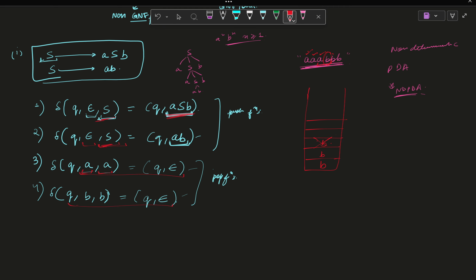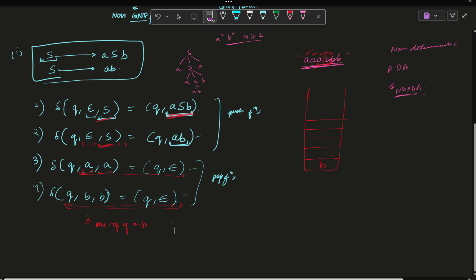Then again, we come back to the symbol. There is a B on top of a B, on top of a B. So we pop again, and there is again a pop symbol here. So we have already popped these two, and then there's a B on top of a B again. So we pop this B again.